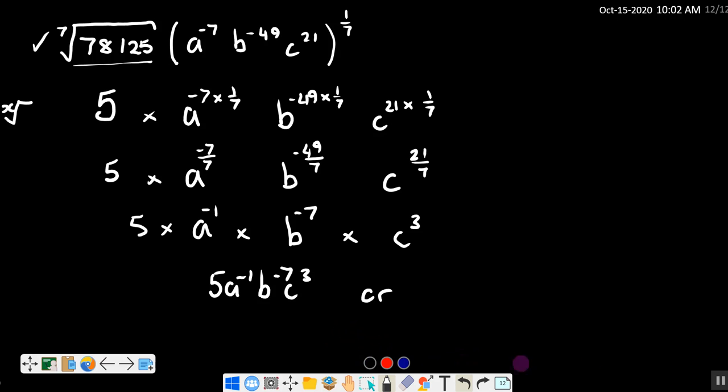Or we could write it as, Jai? c to the power 3 divided by a and then b to the power 7. Awesome. Well done. Spot on. So the negative ones became divisible by.